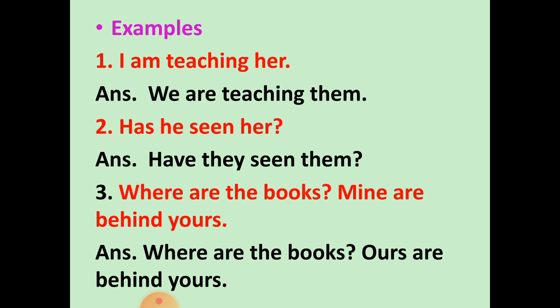Second part is mine are behind yours. Mine means मेरी, मेरी का plural is हमारी. So its answer will be ours are behind yours. So this is how we need to make changes in the number of pronouns.